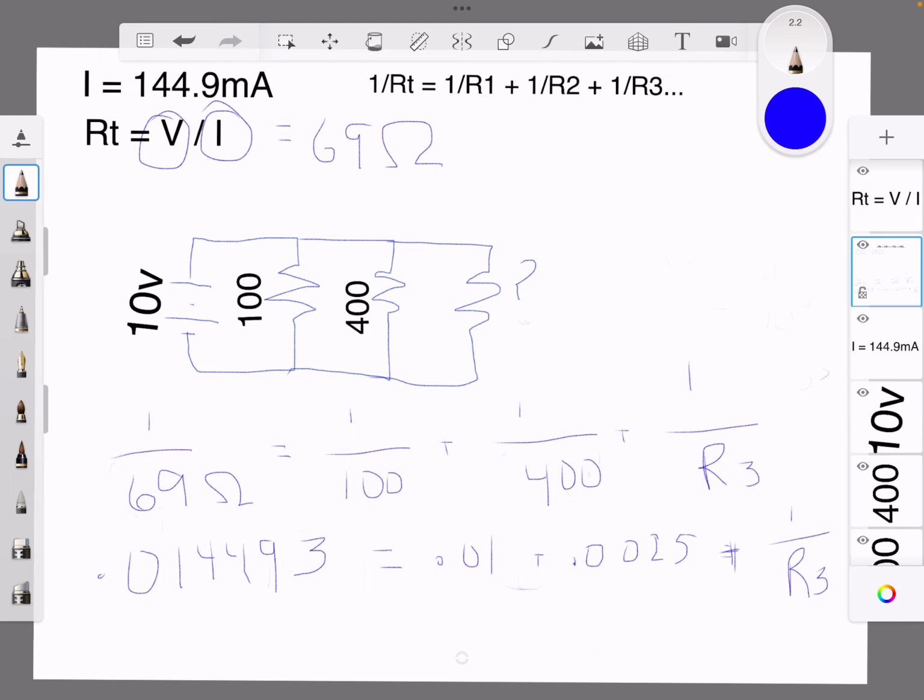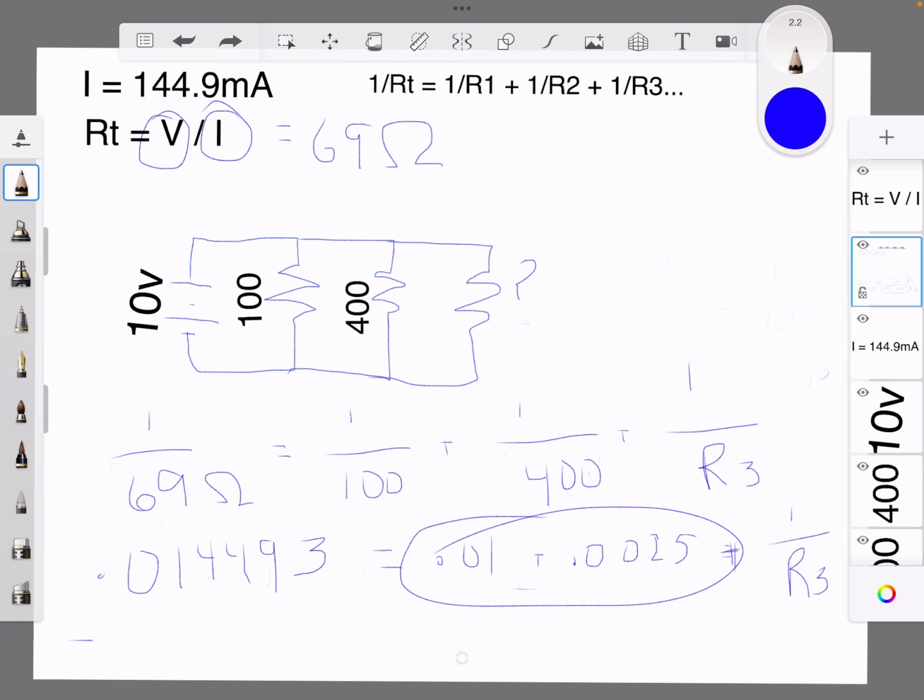Now what we're going to do is subtract these two numbers from this side and subtract them from the other side. So you have to do the same math on both sides. If you add on one side, you add on the other. If you divide on one side, you divide on the other.